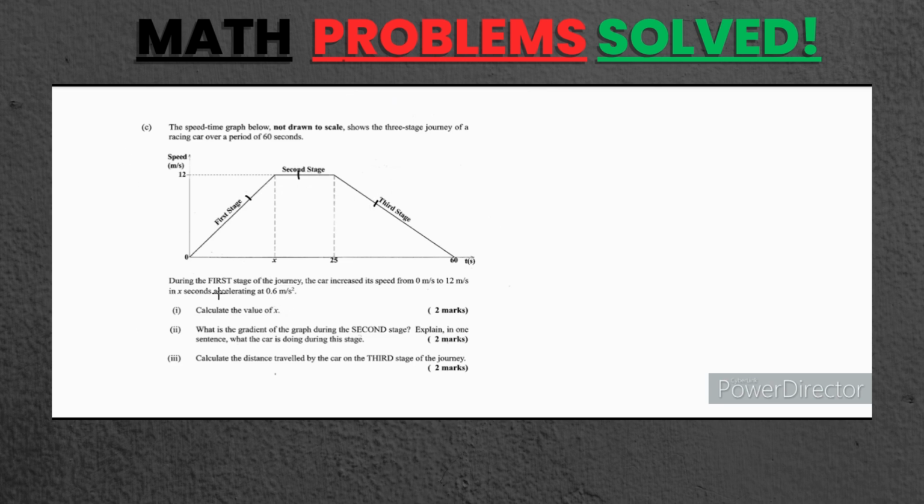So it says: during the first stage of the journey, the car increased its speed from 0 to 12. Here you can see the speed was 0 at this point, but at this point its speed becomes 12, and the acceleration is 0.6 meters per second squared. You have to find x.